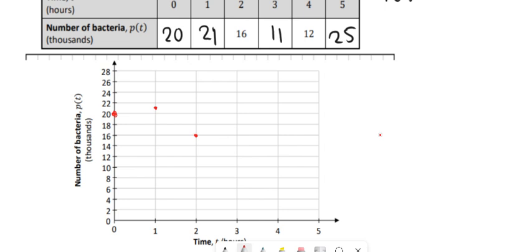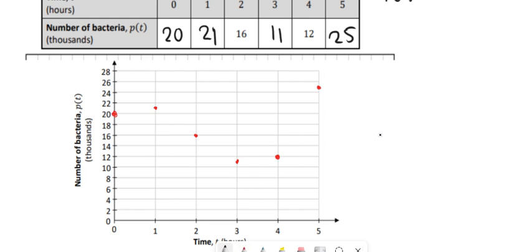Then 311 is in there. 412 is here. And 525 is up here.